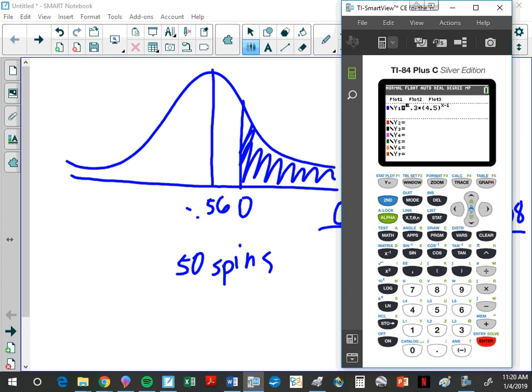What do we got? Oh, I got an equation in there. That's not going to work. Let me try that again. 0.08 to 5.